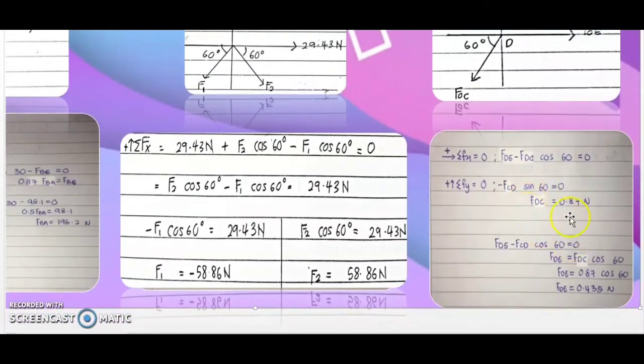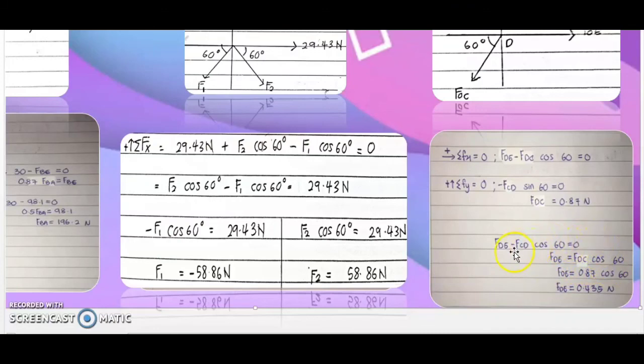After we get the value for the FDC, we can find the value for the FDE. The first thing we need to do is write this equation again in a new place. So FDE minus FCD cos 60 equals 0. So FDE equals FDC cos 60.